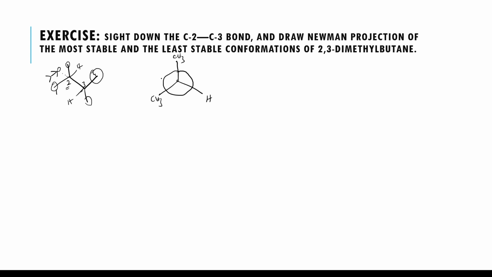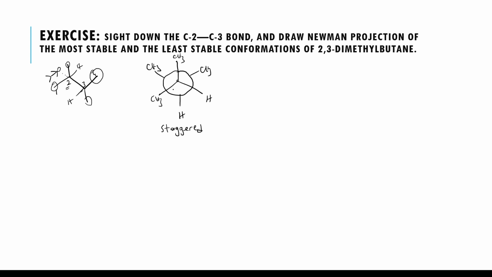So again, I will randomly place 2 methyl groups and 1 hydrogen coming from the back carbon in the Newman projection, and I used a staggered conformer because we know that staggered conformers are more stable than eclipsed conformers.